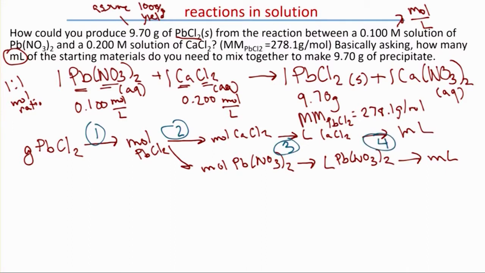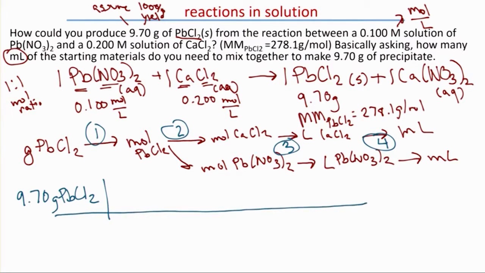The first step, let's start setting it up. We have the 9.70 grams of PbCl2. This first step is involving a conversion between moles and grams. Moles and grams, that is the molar mass of that lead 2 chloride, and it's 278.1 grams for every 1 mole.